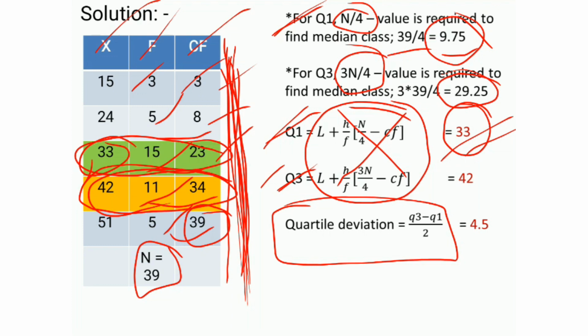The representative of that is 42. So the answer is 42. After getting Q1 and Q3, apply them in the formula of quartile deviation. 42 minus 33 divided by 2 is 4.5. So that is your quartile deviation answer. I hope you understood this question and answer.